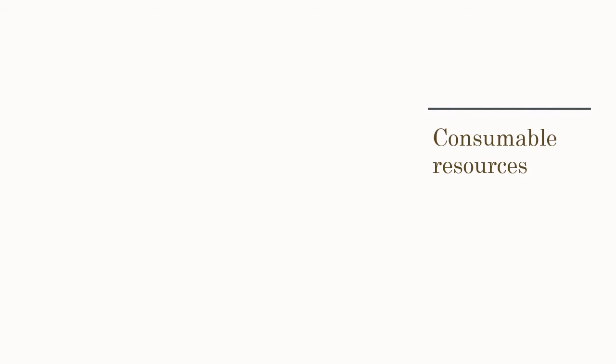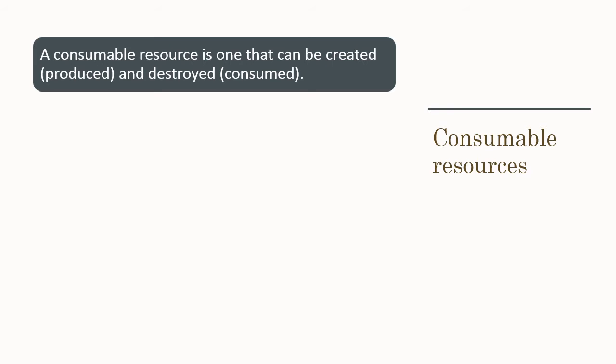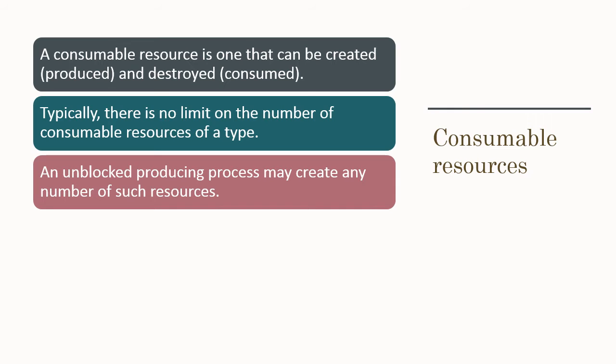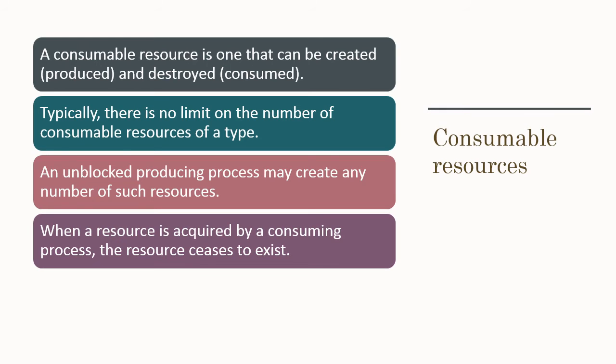Consumable resources. A consumable resource is one that can be created, produced, and destroyed, consumed. Typically, there is no limit on the number of consumable resources of a type. An unblocked producing process, called a producer, may create any number of such resources.